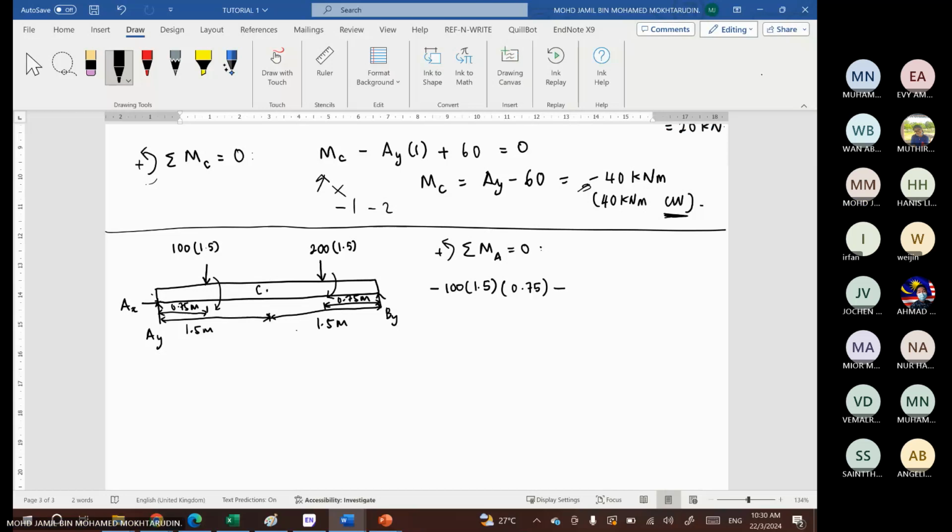So we have negative 200 times 1.5 times 1.5 plus 0.75, times the distance. And then lastly, the force By.